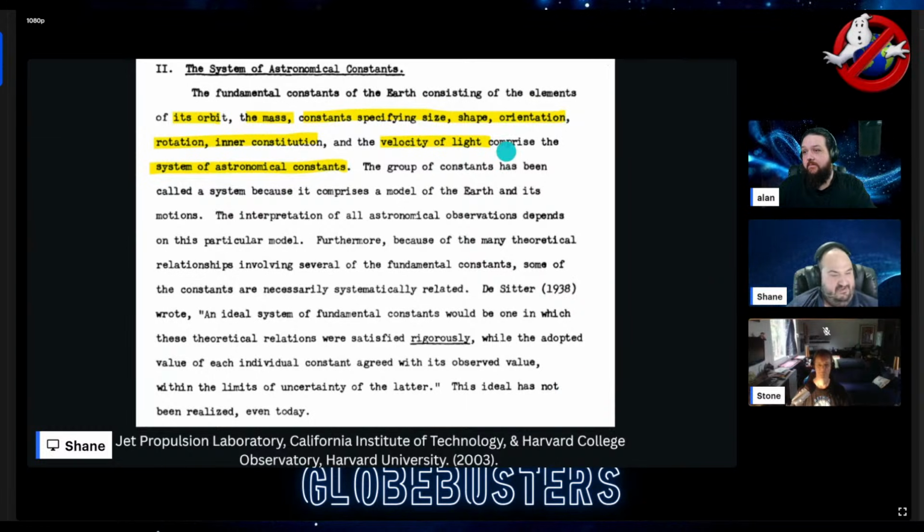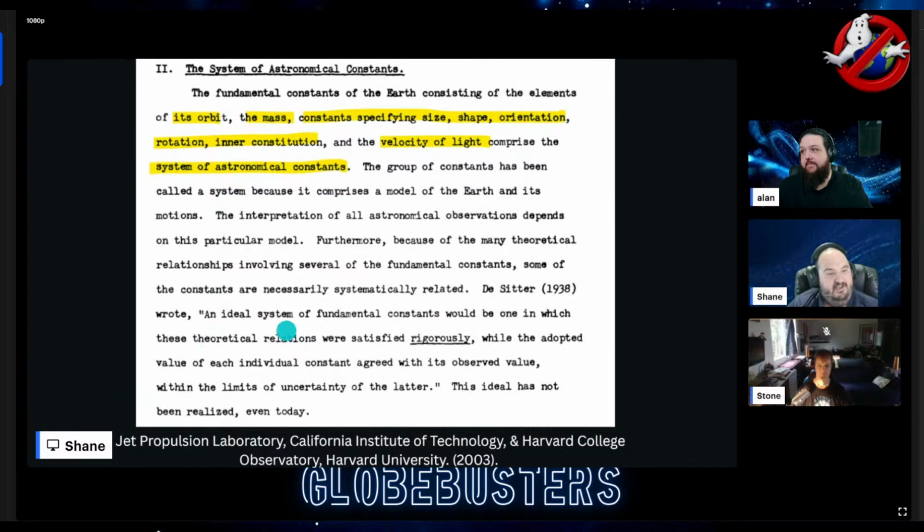And then right in the beginning, his premise over here in chapter 2, he says about the system of astronomical constants: the fundamental constants of Earth, consisting of the elements of its orbit, the mass, specifying size, shape, orientation, rotation, and inner constitution, along with the velocity of light, comprise the system of constants. It's been called the system because it comprises the whole model of Earth, and he's also arguing these actually are not independently derived.